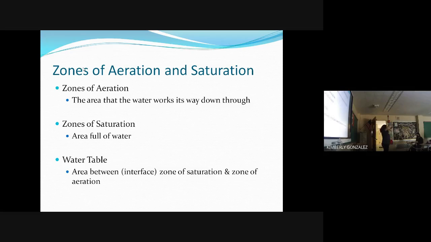The zone of aeration is on top, and the zone of saturation is at the bottom. All three of these are constantly increasing and decreasing. If it's absorbing more, then the zone of saturation is going to increase, but the zone of aeration is going to get smaller.